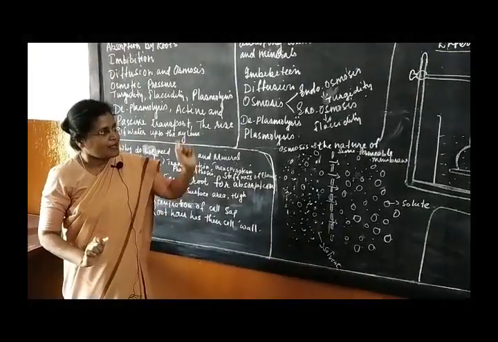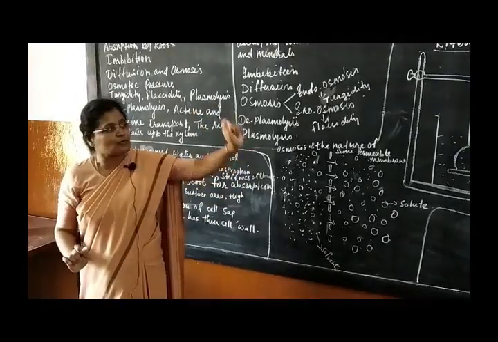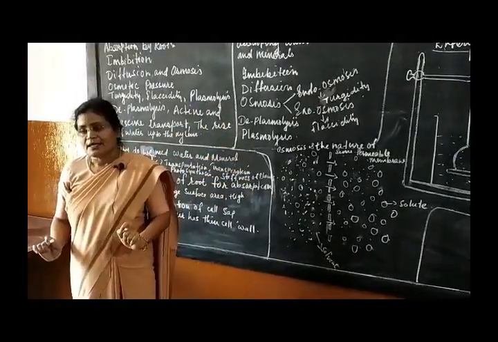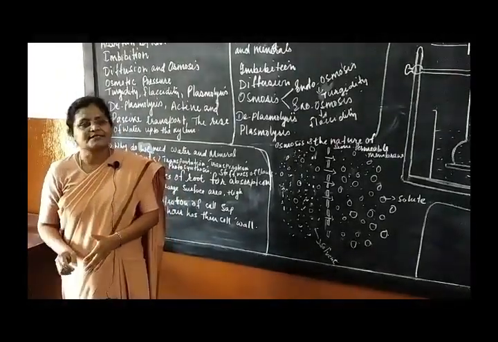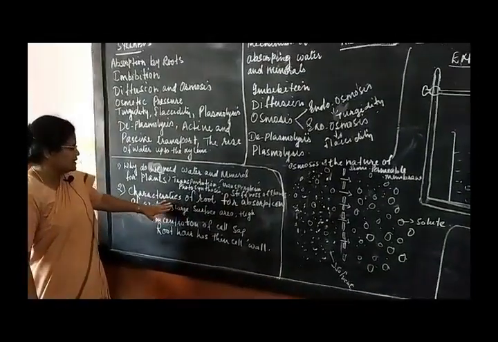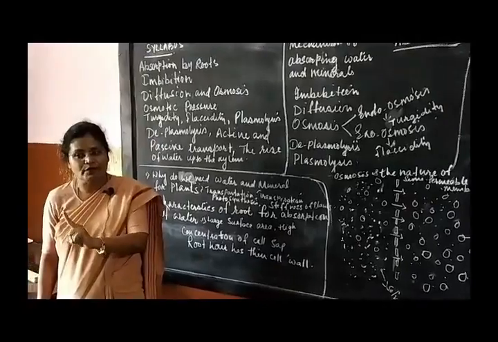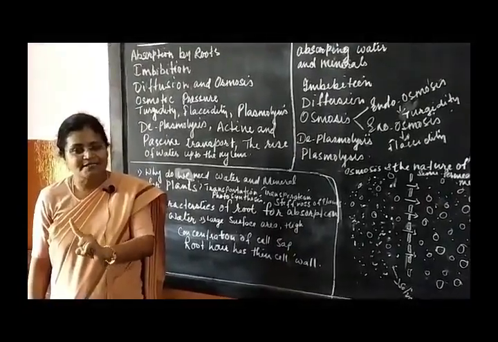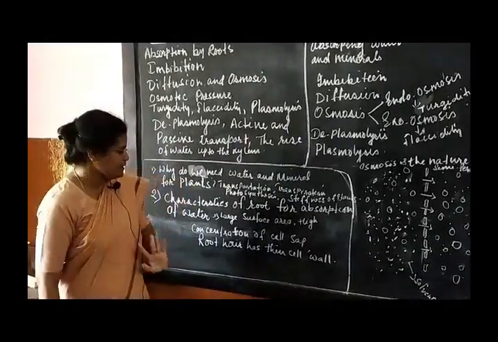So, due to the presence of thousands of root hairs, the area covered for absorption of water is large. Thus, one of the reasons for the root being efficient in absorbing water is the large surface area provided by the root hair for absorbing water and minerals.